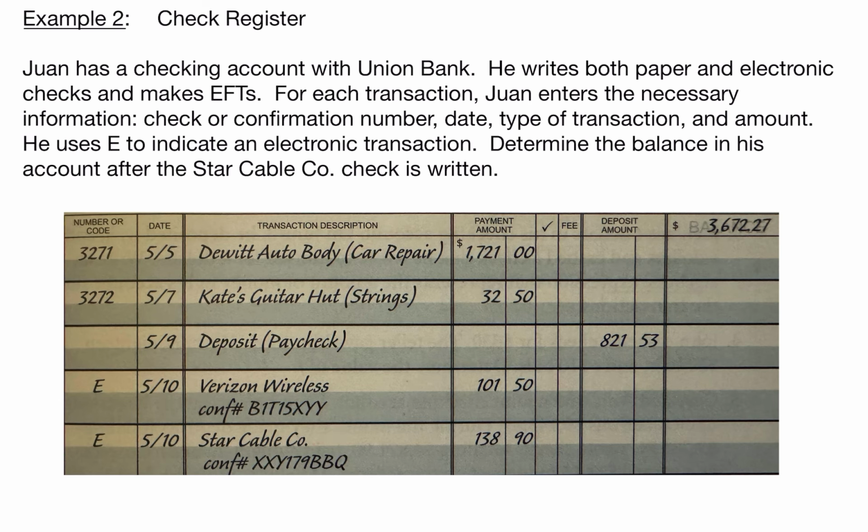Okay, so we start with a balance of $3,672.27, and we see that he is making a payment to DeWitt Auto Body for car repair in the amount of $1,721.